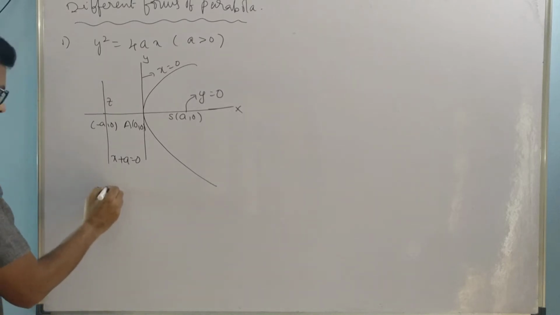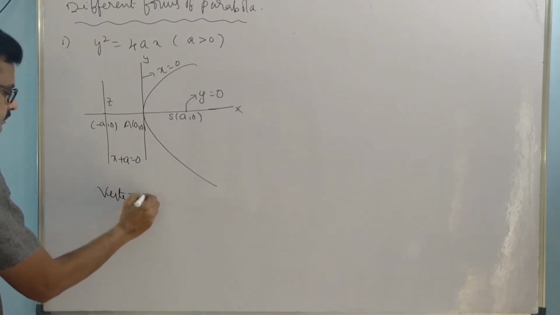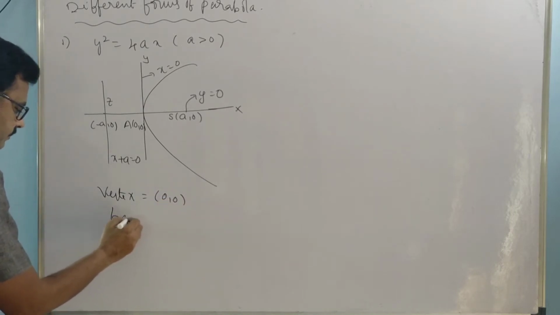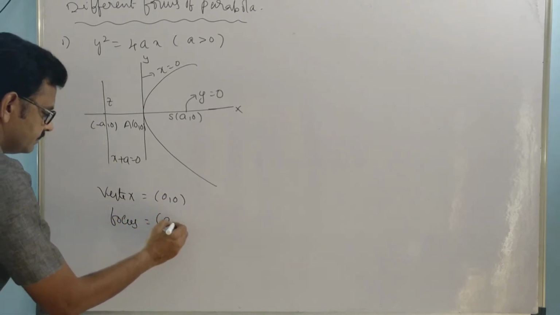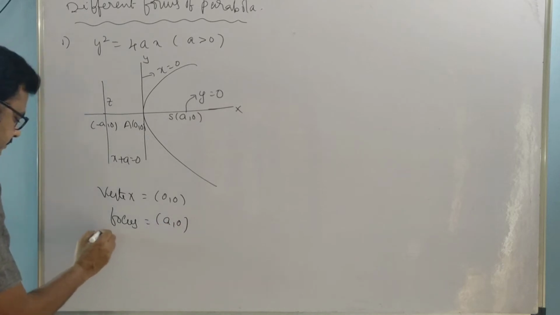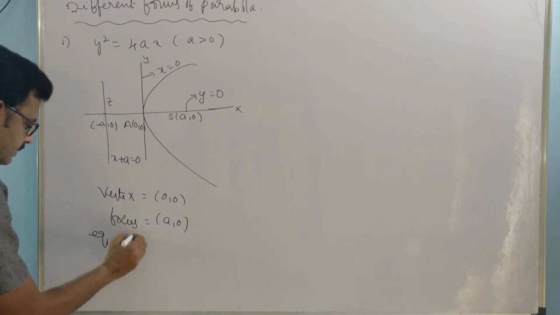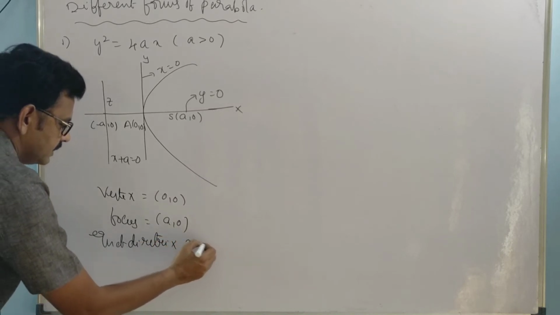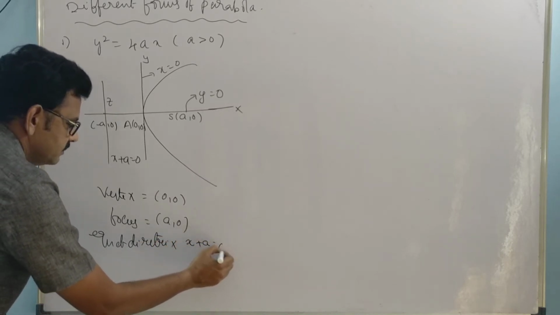So, vertex (0, 0), focus (a, 0), and equation of directrix x plus a equal to 0.